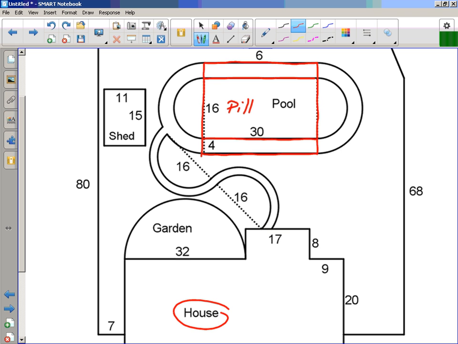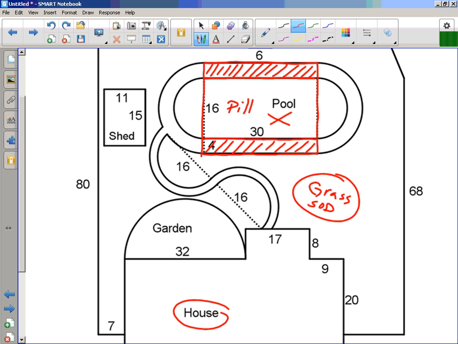We're probably only going to be concerned with paving the stones on that section and this section here, but that doesn't mean we don't need to find the pool, because we will need it when we take it away, because we're going to cut this out of all the area so that I can find the grass or sod.